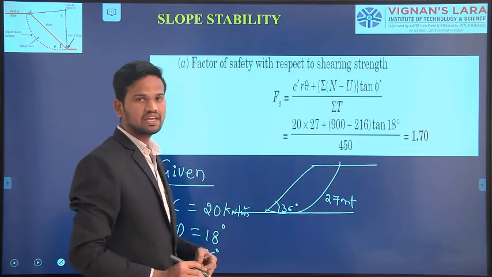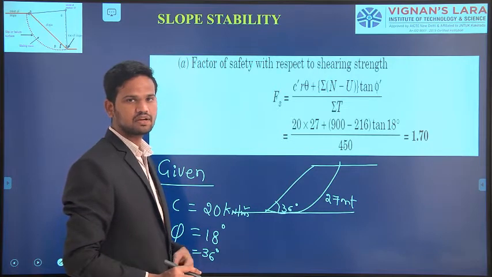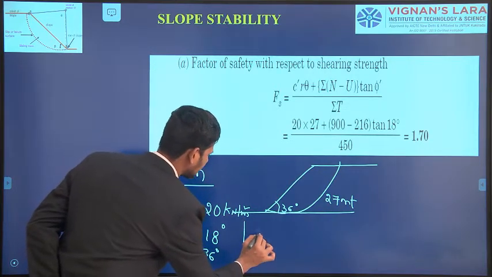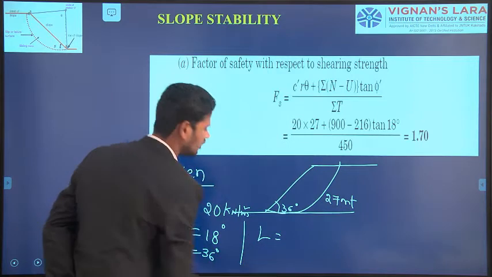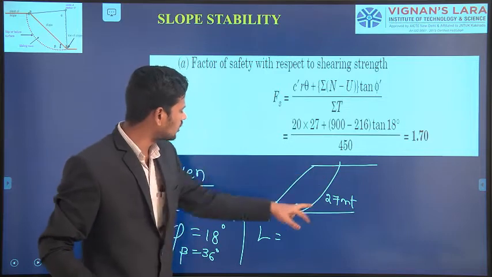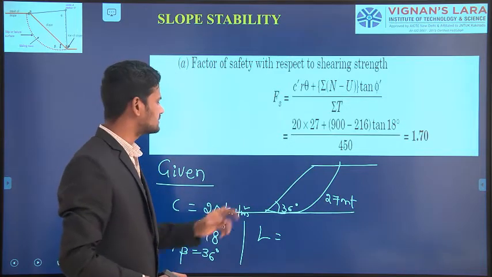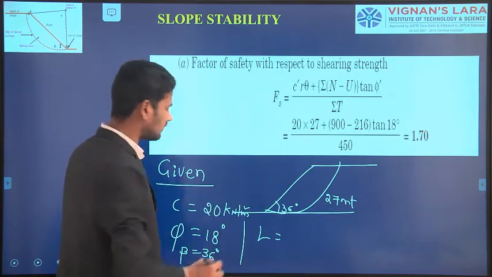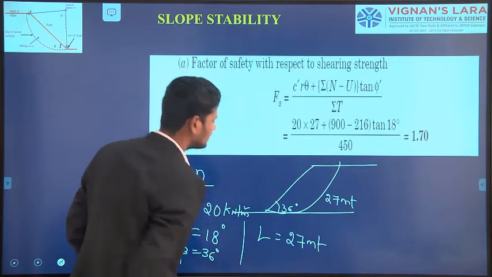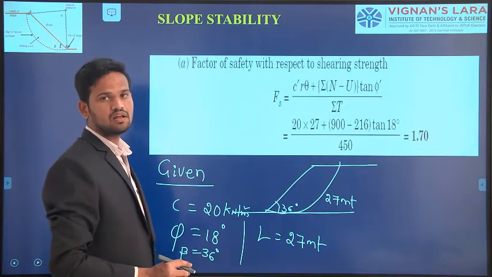This is the slope making an angle of inclination with respect to the horizontal ground surface. And the length of the failure arc, that means if you consider this is your natural slope, the failure of the soil mass will be like this, and this length of the failure arc is given as 27 meters. These are the data given in the problem.